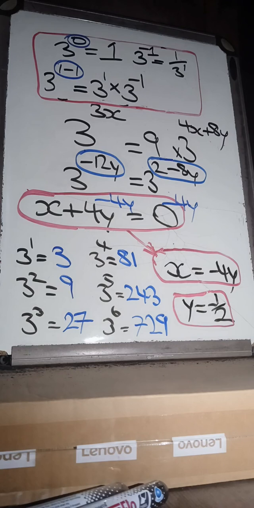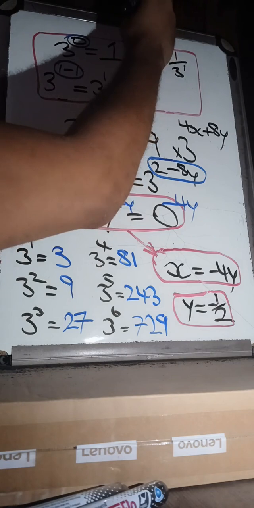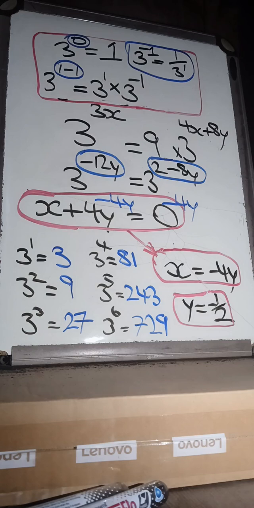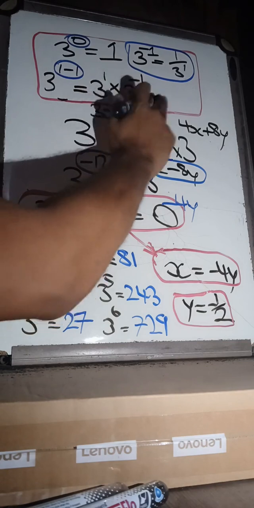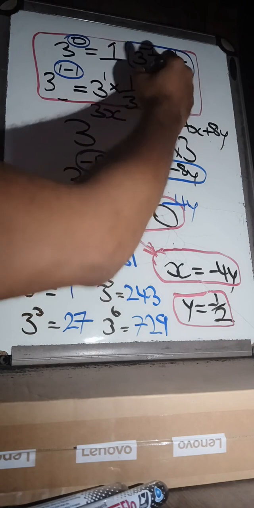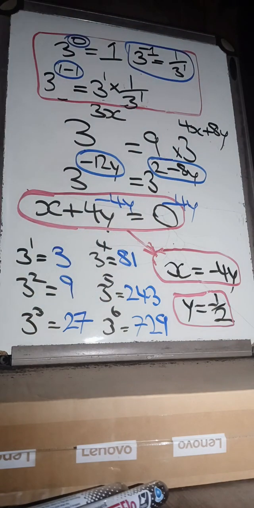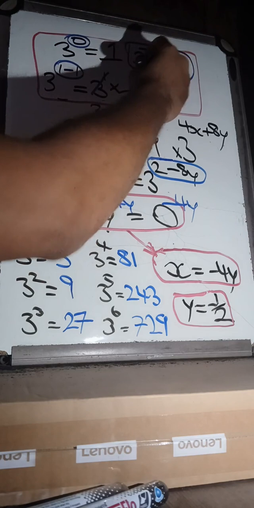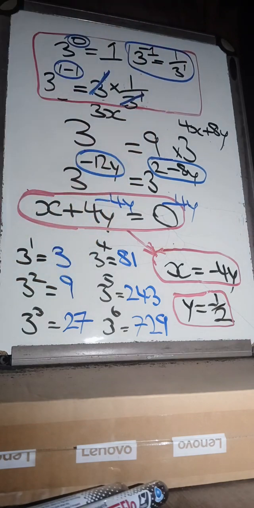But we know that 3 to the minus 1 is 1 over 3 to the 1. So if we replace that with this, and then you divide this by this, then any number raised to the 0 is always equal to 1.